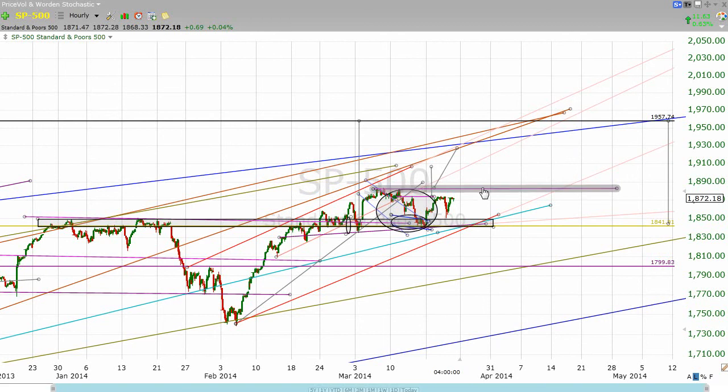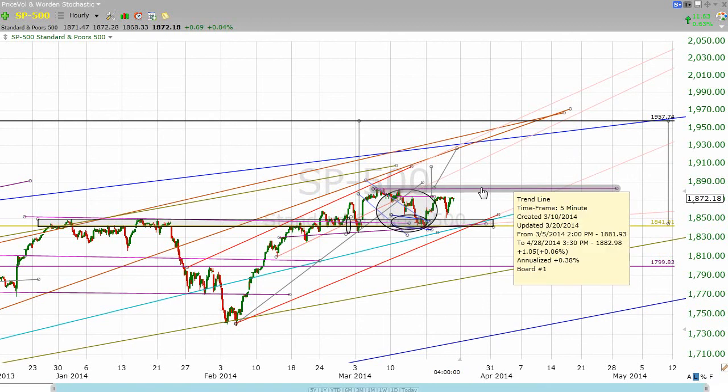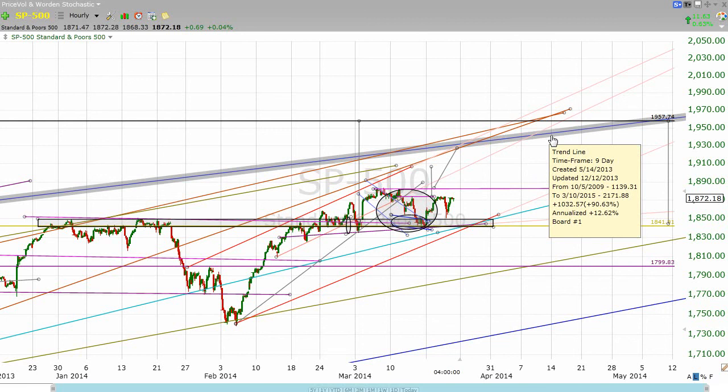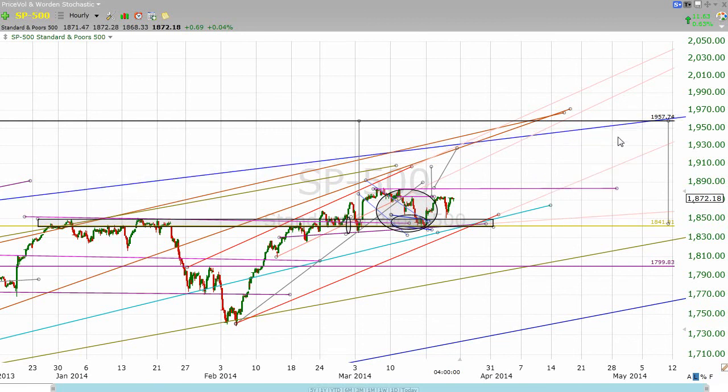So if we can get over that 1884 and start to get into this little area of open waters, we can make that target, and we can be there without having to break any resistance lines.